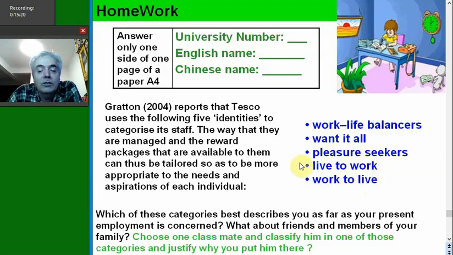You live to work or you work to live. So people have different approaches. Each one of us has different characteristics. And usually when human resources figure out what kind of person you are, they might put you in the right position for the job that you're looking for, because they're going to help you be happy.